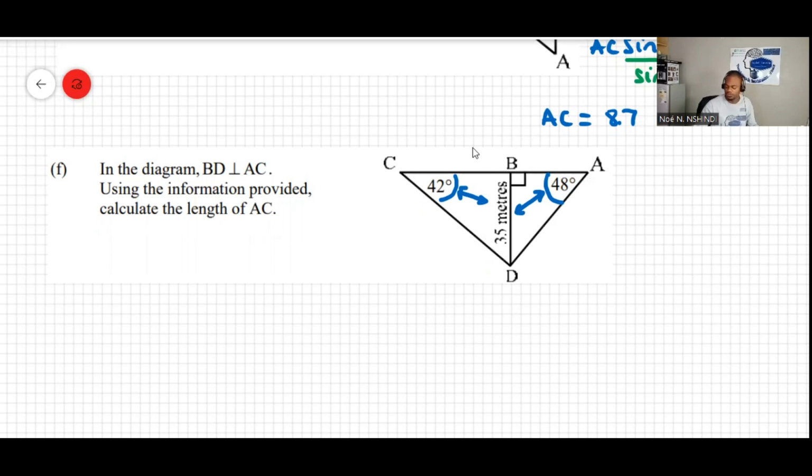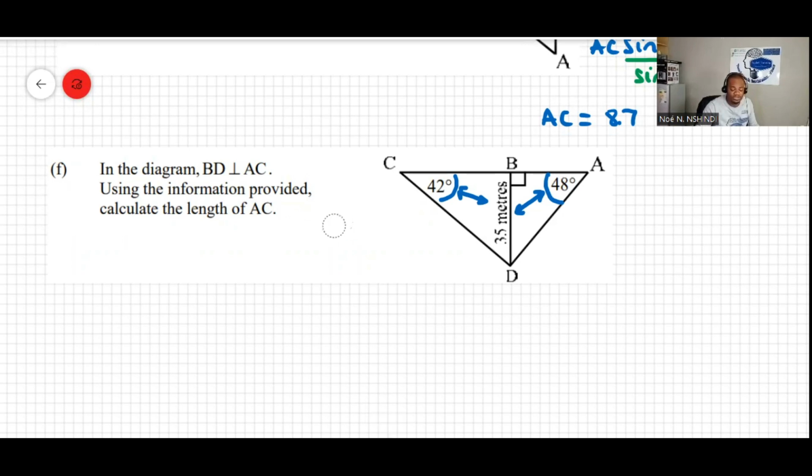So now we can use the cos formula that says cos of the angle theta is equal to the adjacent side over... that doesn't really help us.